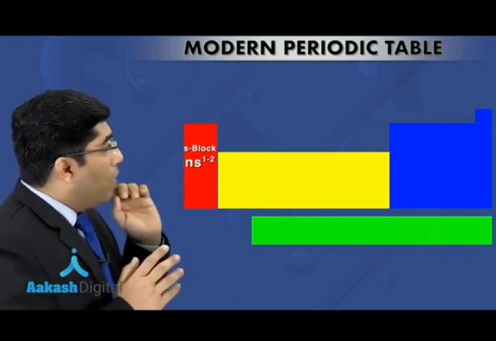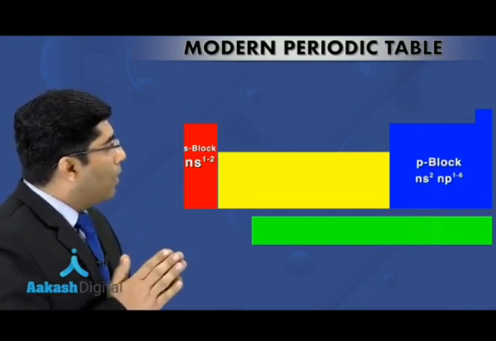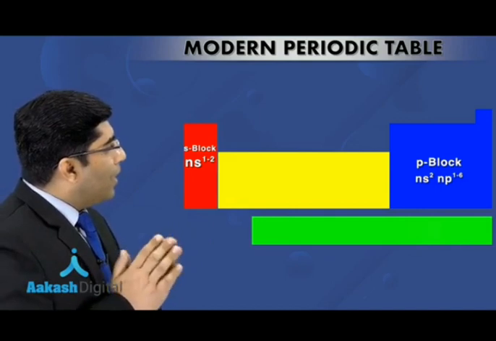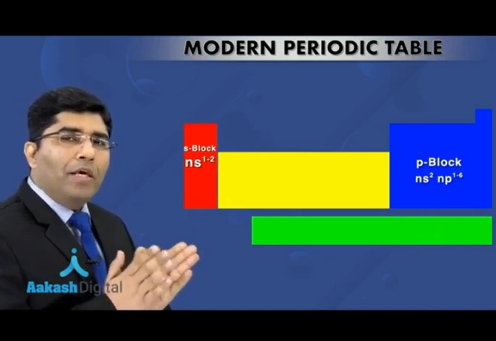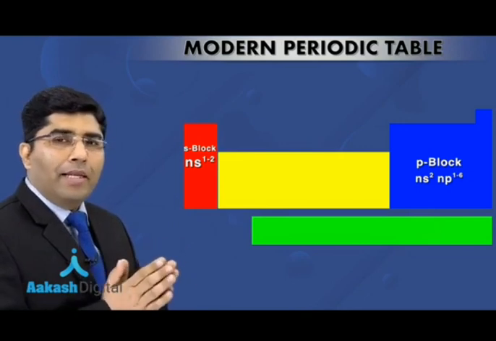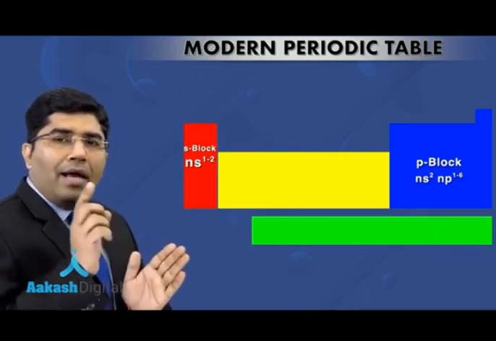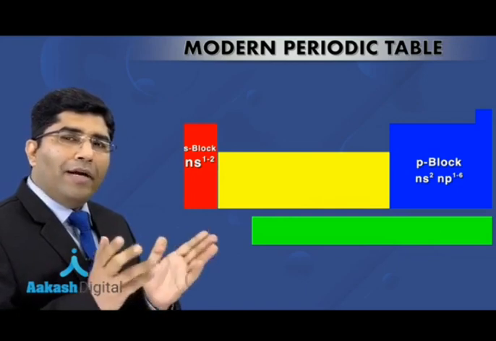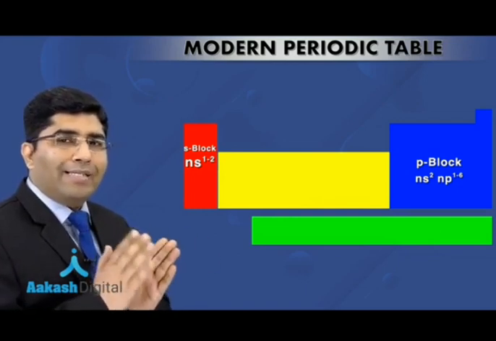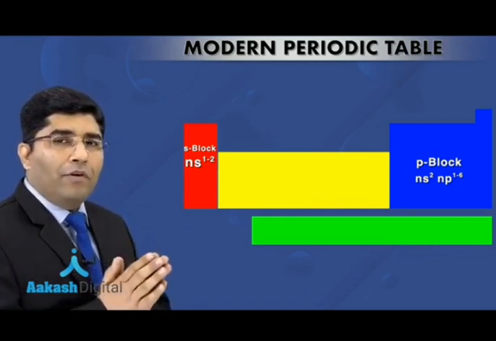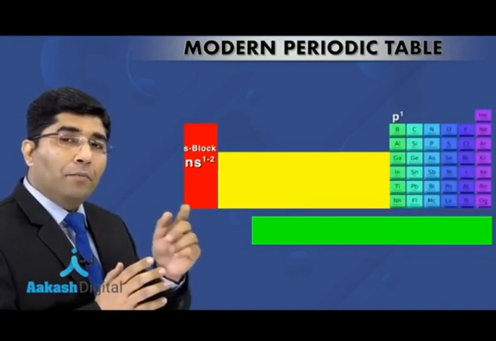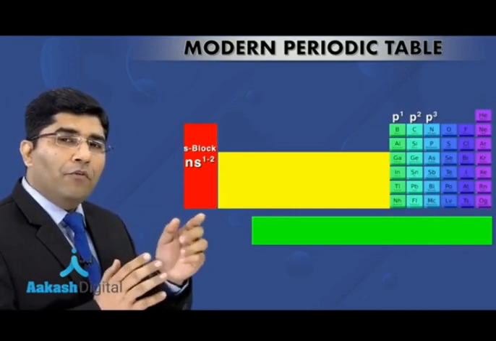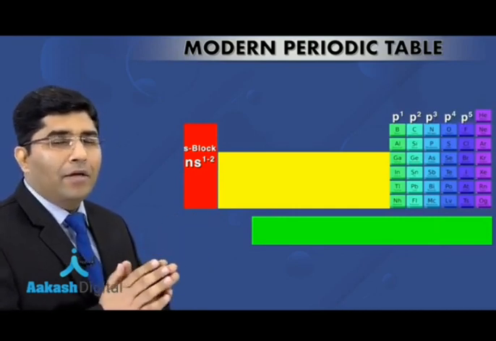Now, if we talk about the p block, the electronic configuration of the p block is ns2 np1-6. The meaning is, ns2 means we have already filled 2 electrons in the s subshell and now we will fill the electrons in the p subshell. That is p1, p2, p3, p4, p5 and p6.